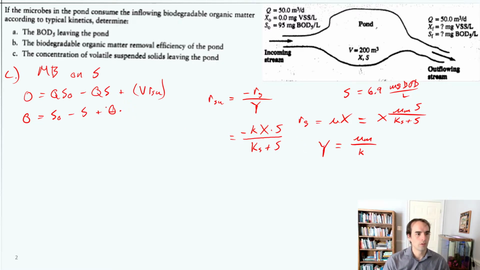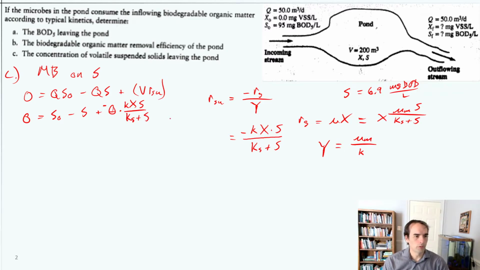So that'll be times a negative kX times substrate divided by Ks plus S. So what you see here is a term where we have X and some parameters, all of which we already know, and we just simply need to solve for X. You could just put in all the numbers, and the only variable left will be X. Or you could simplify this algebraically.